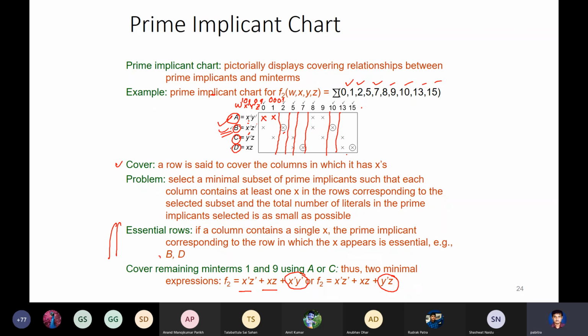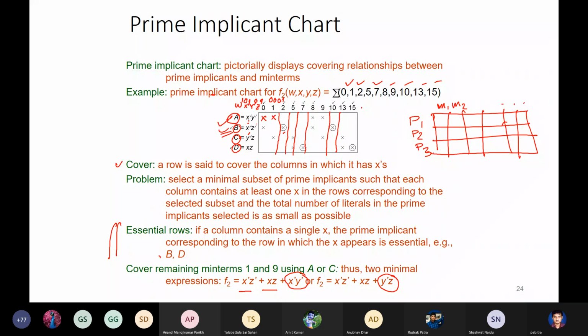So it's a kind of optimization problem. I give you a matrix. Let me call these P1, P2, P3, the prime implicants, and these are the min terms M1, M2, and so on. There are some crosses showing which min terms are contained in the prime implicants.